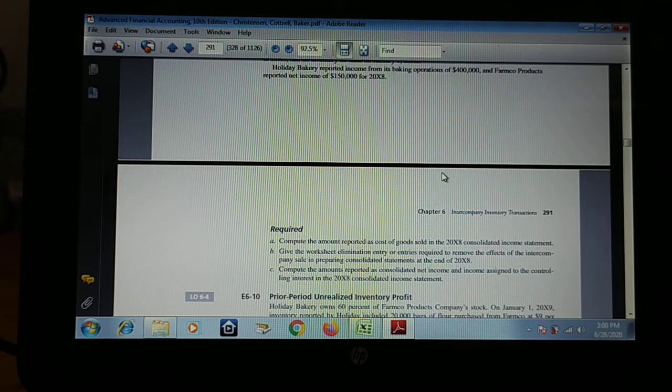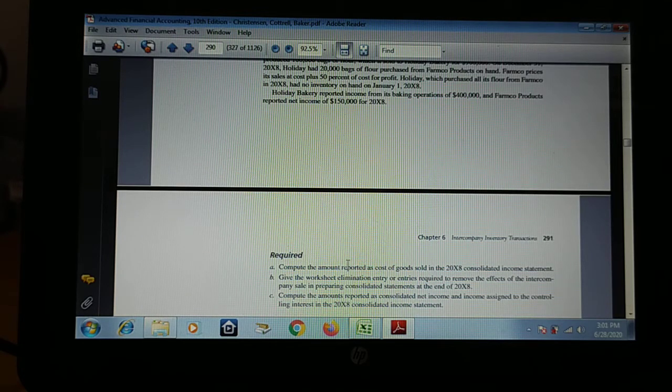And then C, we are asked to calculate the amount reported as consolidated net income, and then income assigned to controlling interest. If we want to calculate the COGS reported in the consolidated income statement, remember that it is the COGS that has been resold to non-affiliates.